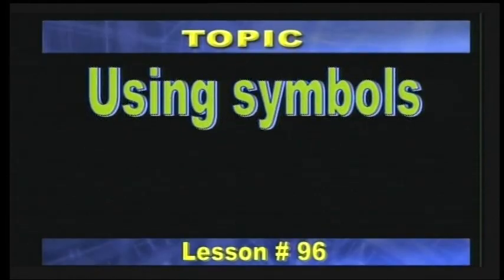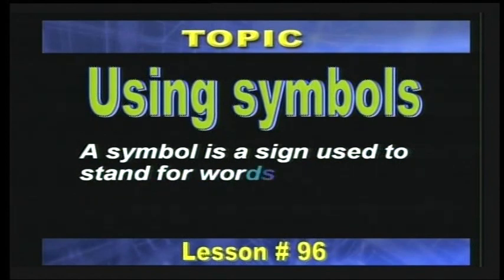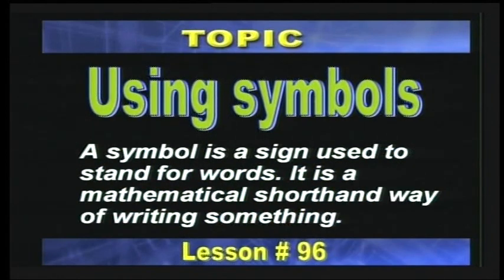Okay, our lesson topic for today is using symbols. A symbol is a sign used to stand for words. It is a mathematical shorthand way of writing something. So when we are going through the lesson for today, I'd like us to pay full attention so that we get what we are supposed to be learning.